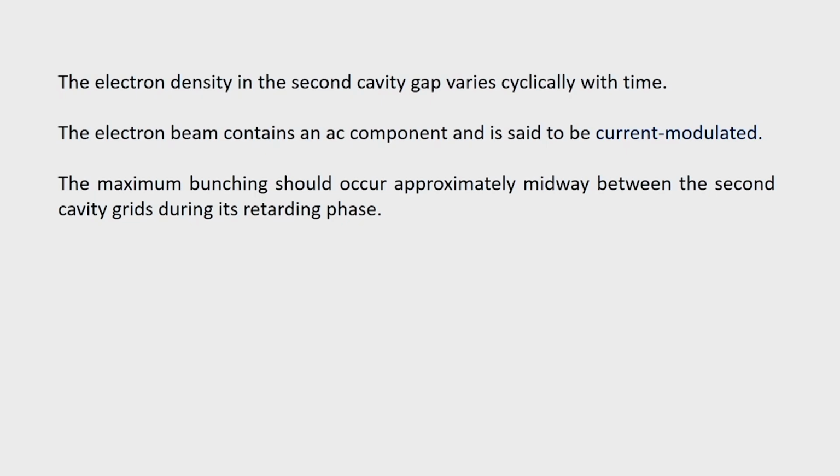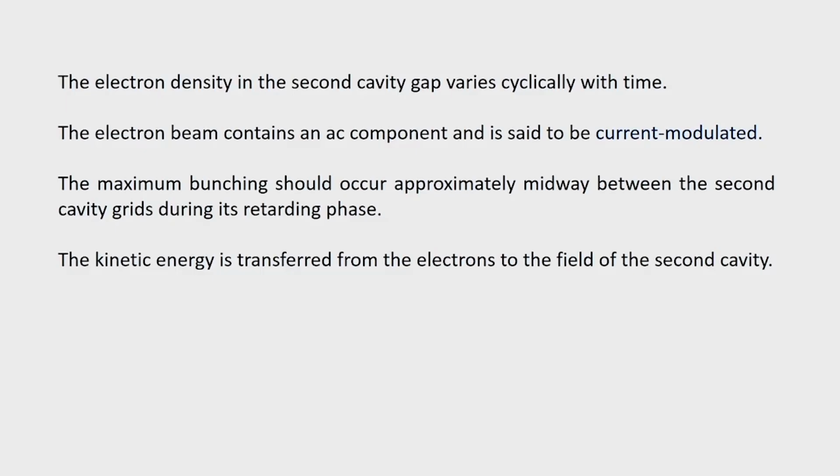So, when the second cavity field has a retarding phase, it will decelerate the electrons and the field will grow. So, energy will get transferred from the electrons to the field. The kinetic energy is thus transferred from electrons to the field of the second cavity.